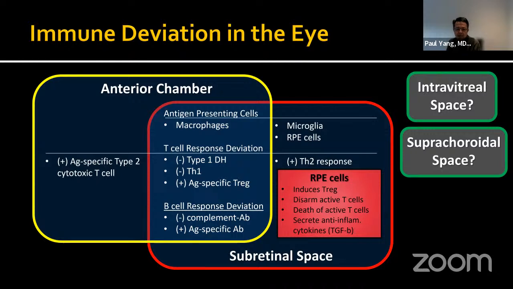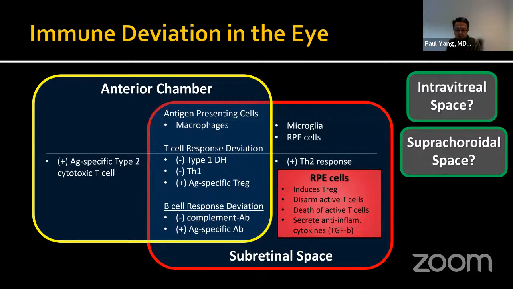In fact, it favors antigen-specific cytotoxic T cell responses, antigen-specific T regulatory cells, and antibodies. There's overlap. So we know similar types of immune deviation occur in the subretinal space. That's important because that's the most common space that we put gene therapy into.